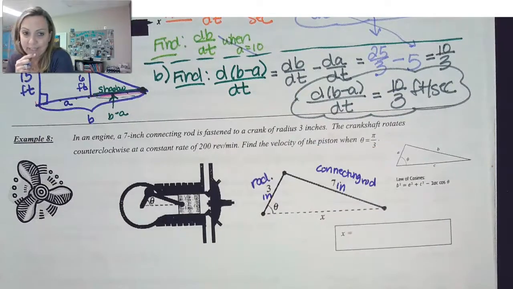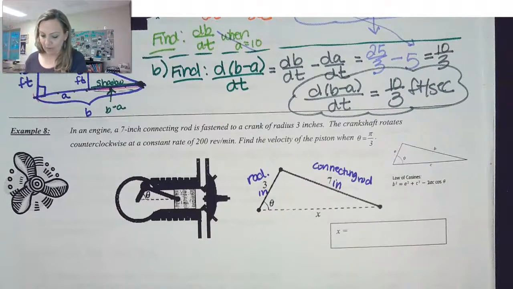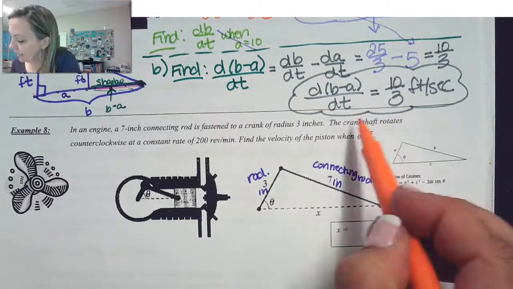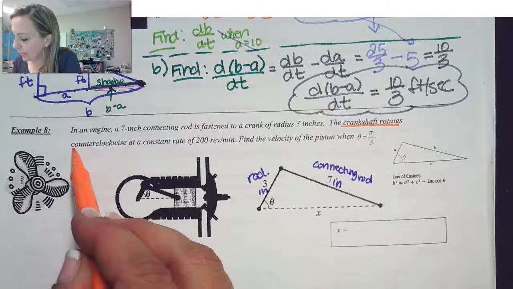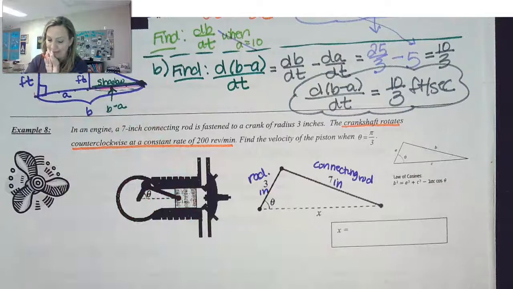So that's my radius. And it says it rotates counterclockwise at a constant rate of 200 revolutions per minute. That sounds kind of promising.